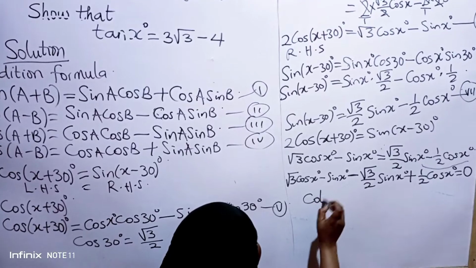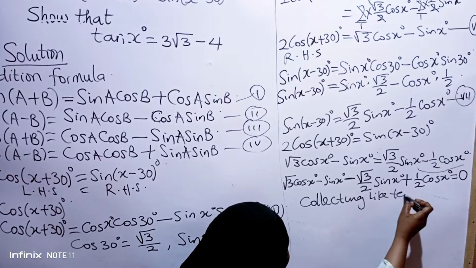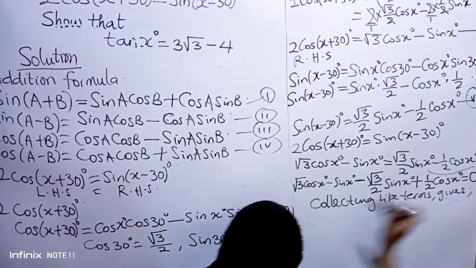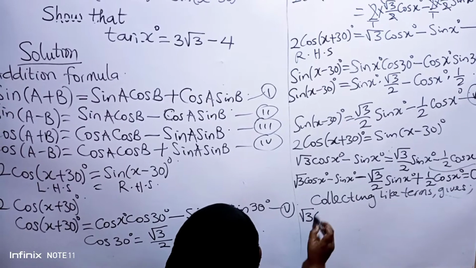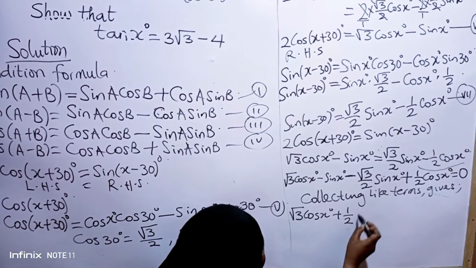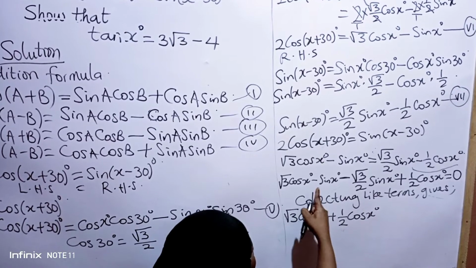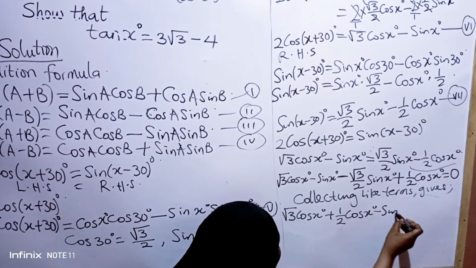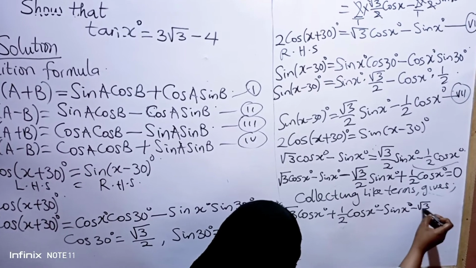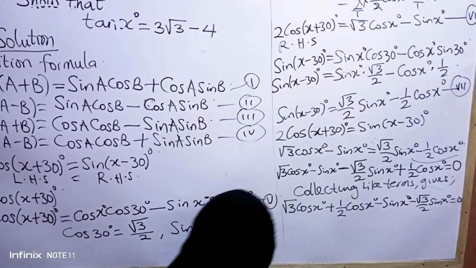Now, after doing this, we need to collect like terms. Collecting like terms gives us root 3 cos x degrees, then plus 1 over 2 cos x degrees, then minus sine x degrees, then minus root 3 over 2 sine x degrees is equal to 0.